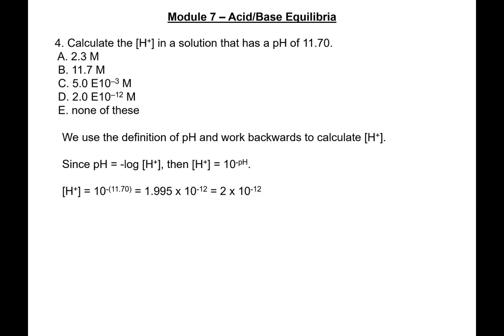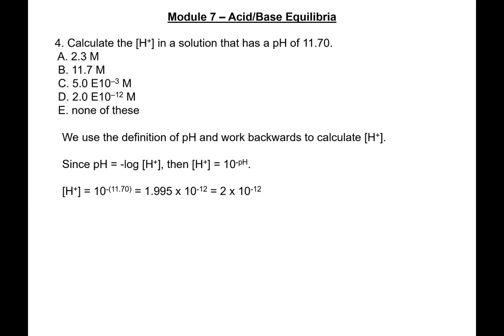Now, if you did not have a calculator, you could also look at this problem and go, well, wait a second. A pH of 7 is going to be neutral, and so this pH that is significantly greater than 7, by a factor of 10,000, is not going to be very acidic.